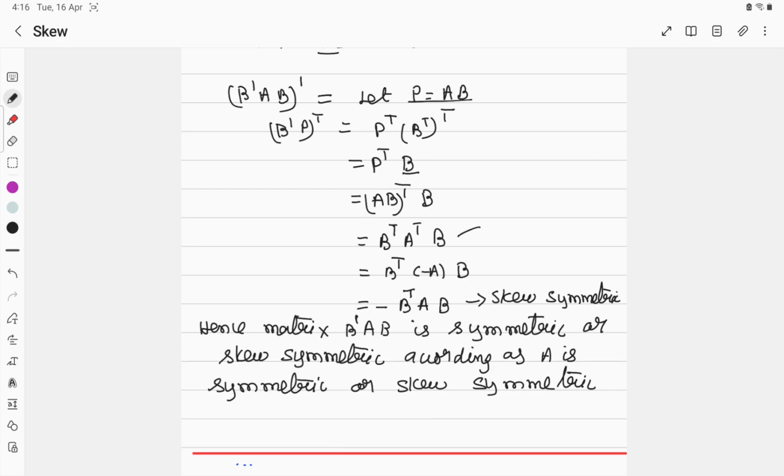It is skew symmetric. Hence, B dash AB is symmetric when A is symmetric and B dash AB is skew symmetric when A is skew symmetric.